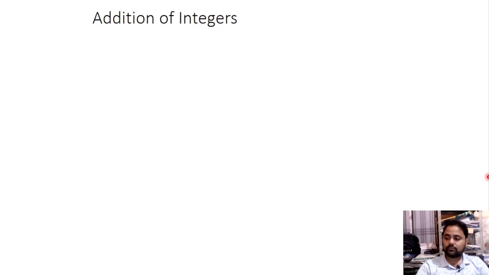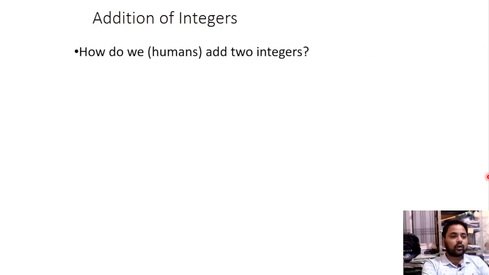Now we are doing addition of integers. How do we do it? This is simple, from the very basics. 7583 plus 4932: here we are adding 3 plus 2 is 5, 8 plus 3 is 11, carry 1, and so on. This is very simple.